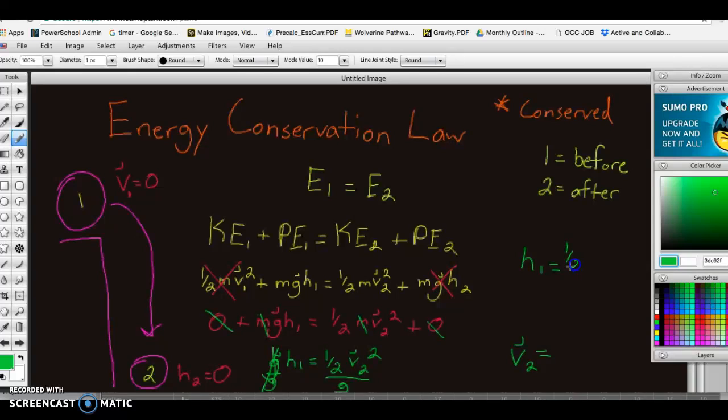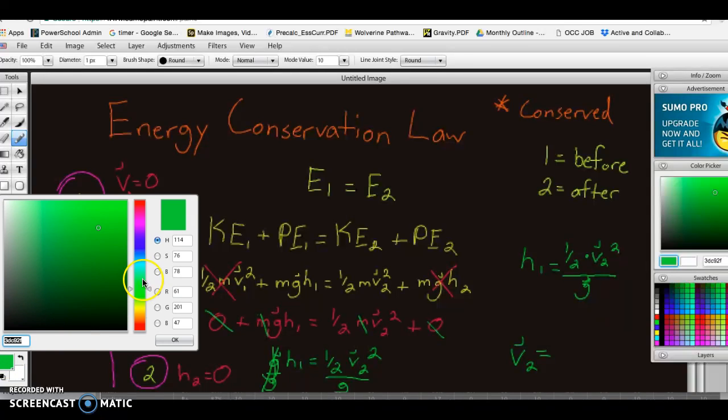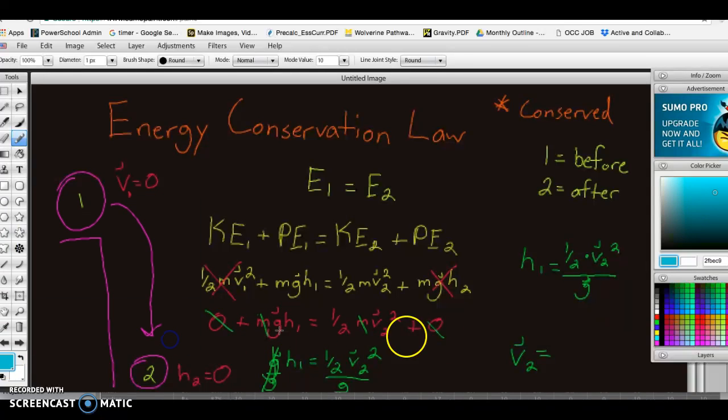1/2 times the velocity 2 squared over G. And what this equation says is that if I know the velocity after and the acceleration due to gravity, I can figure out how high that object was.